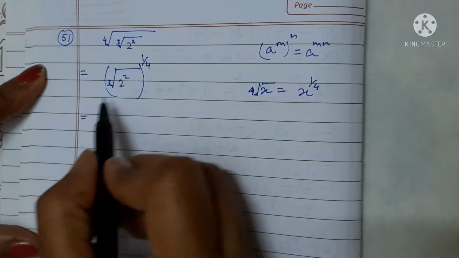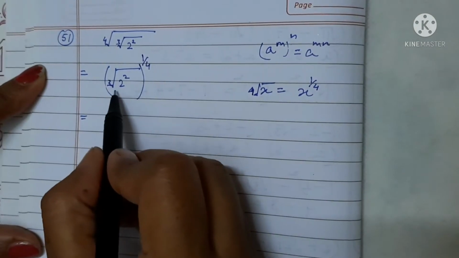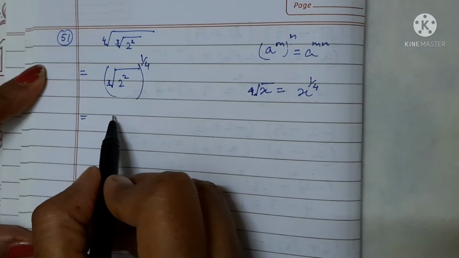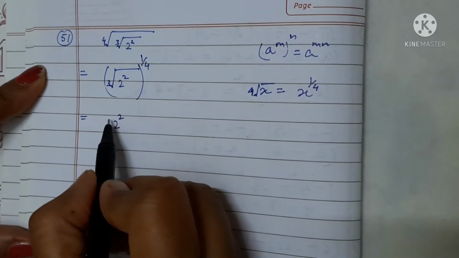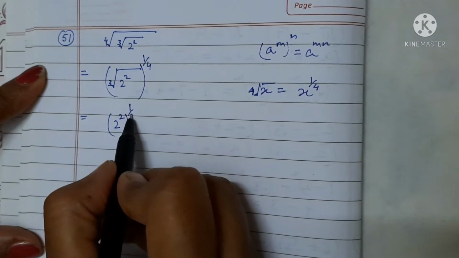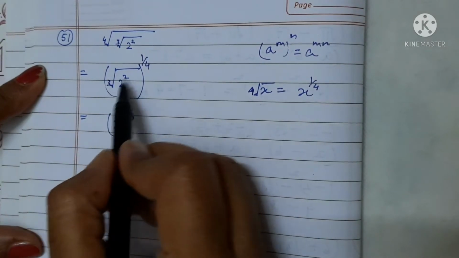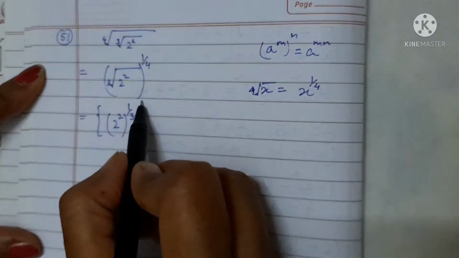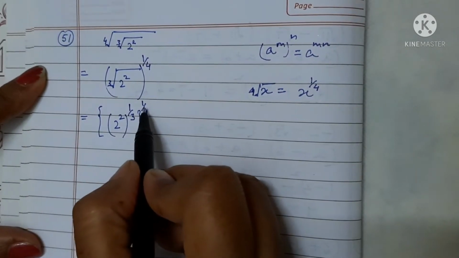Next, cube root: you can write 2 square and this cube root as 1 upon 3. Now this comes in the bracket and the power will be 1 upon 4.